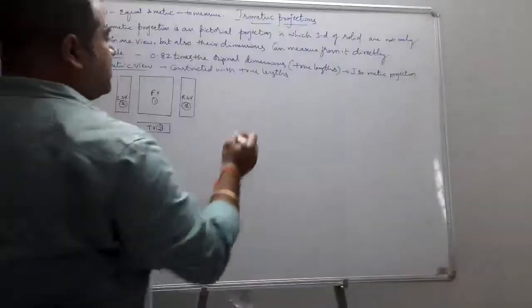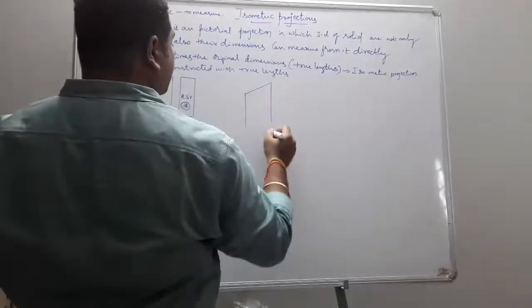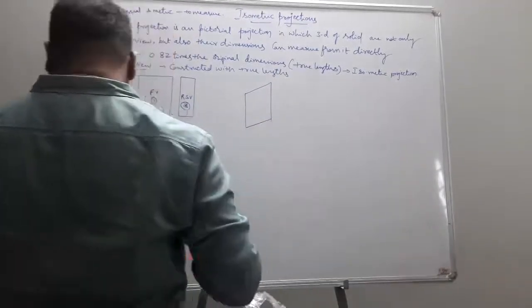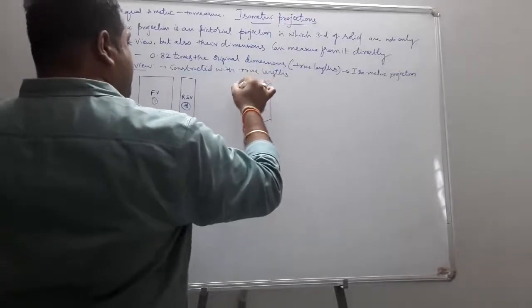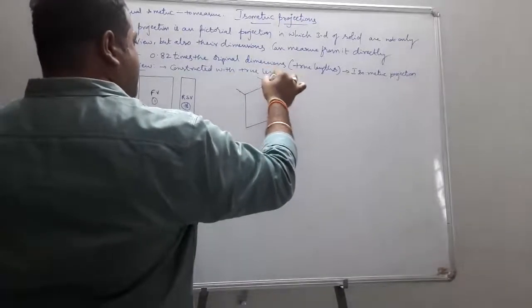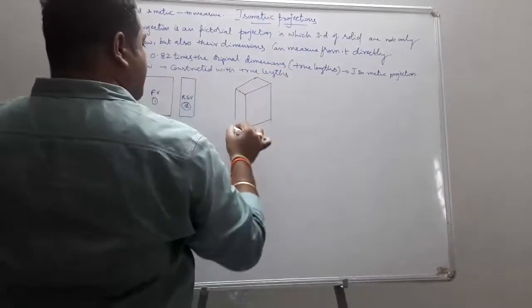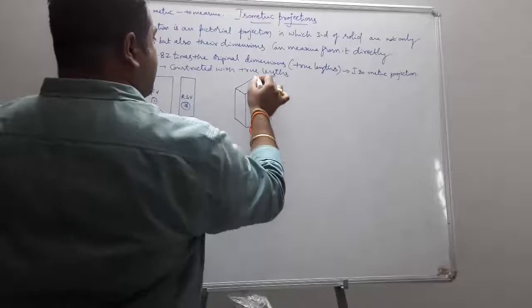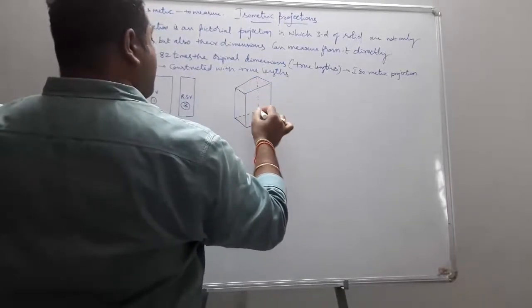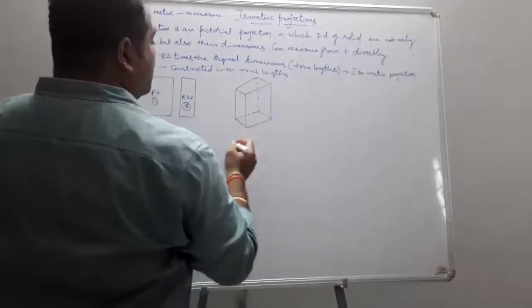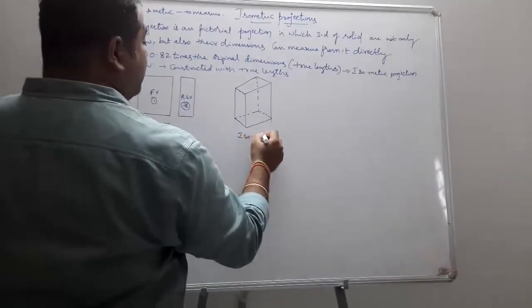Generally the views are obtained like this. If I construct like this, this is the isometric view.